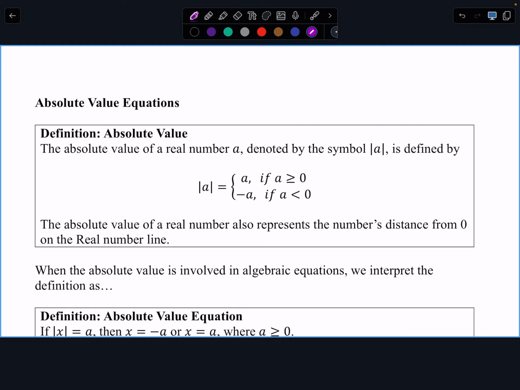The absolute value of a real number also represents the number's distance from 0 on the real number line.